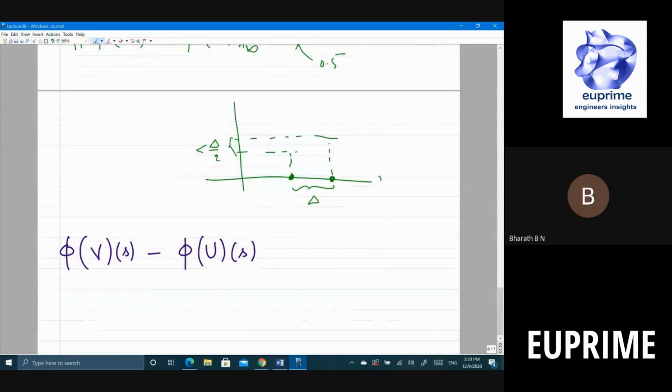Now let's look at this. What can you say about phi of v minus phi of u of s? Let me write an inequality and explain why.